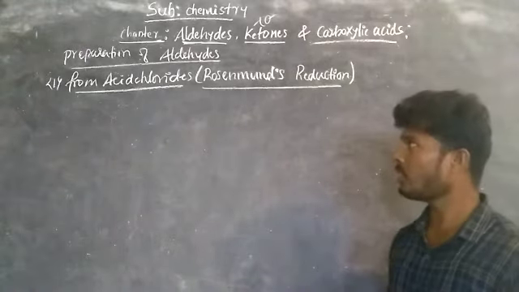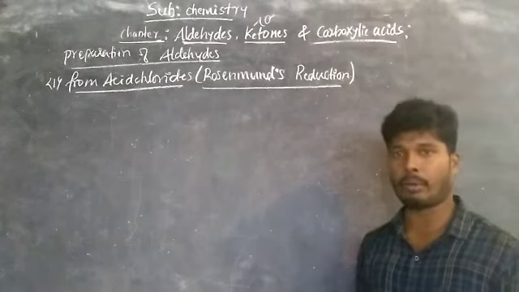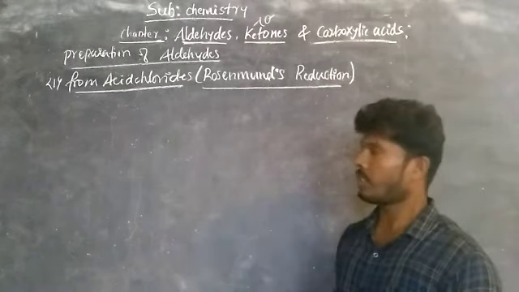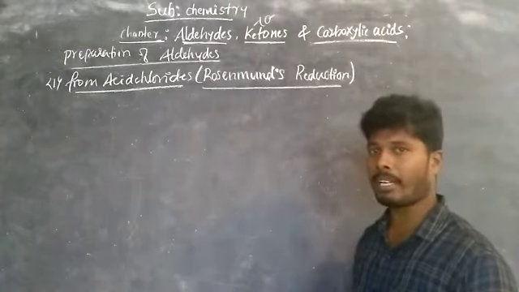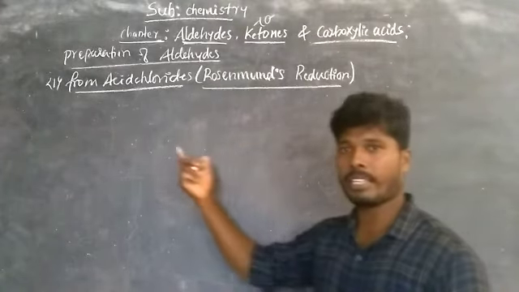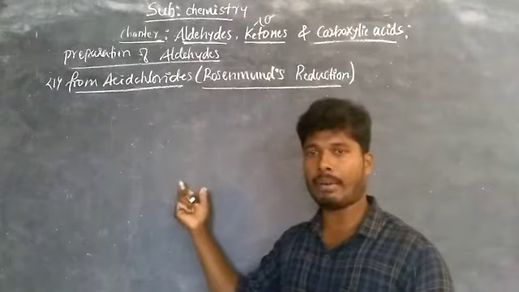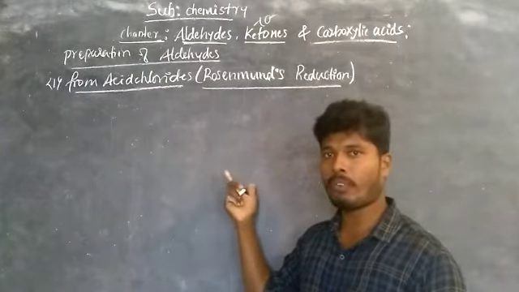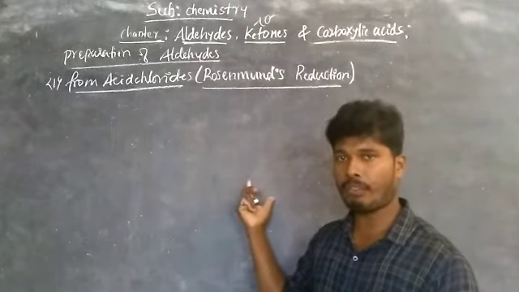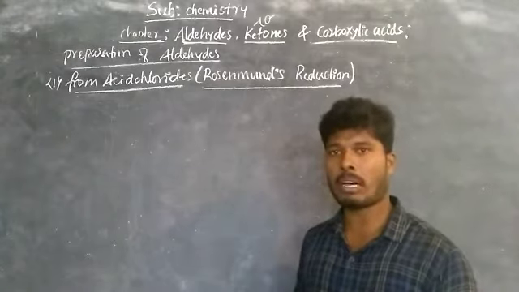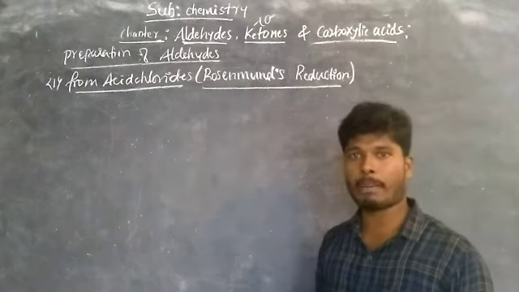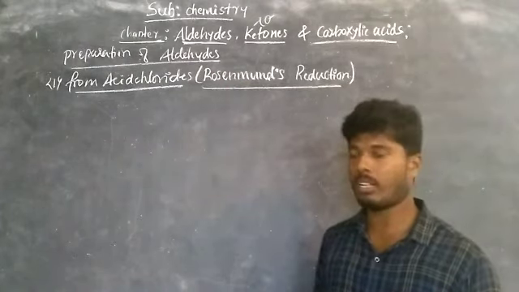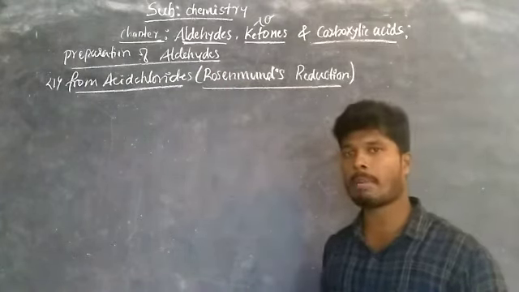Here we are adding hydrogen. In this reaction, the acid chloride is treated with hydrogen gas in the presence of palladium catalyst and barium sulfate, with xylene as solvent, and you get aldehyde compounds by removal of hydrogen chloride.